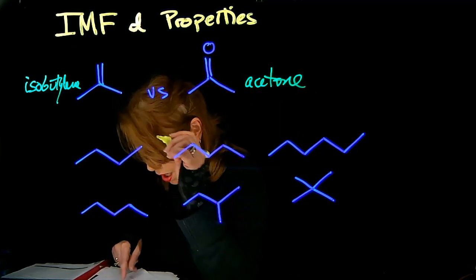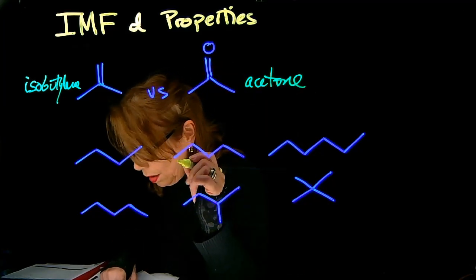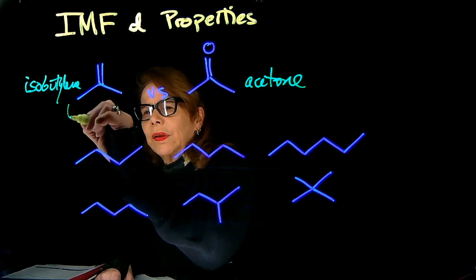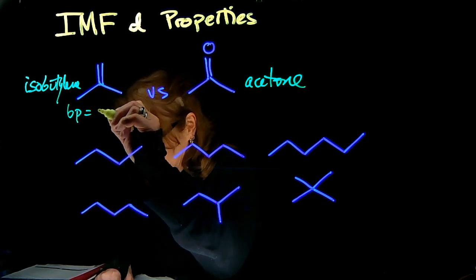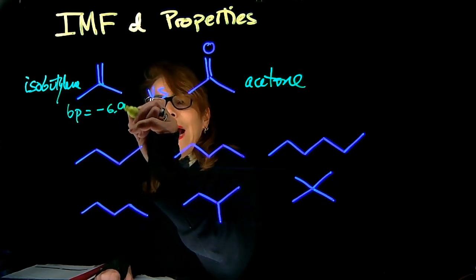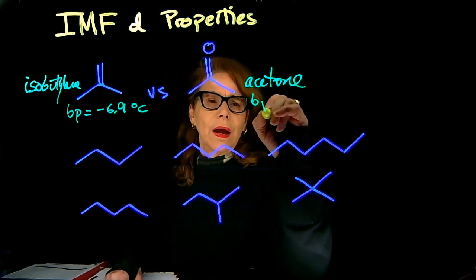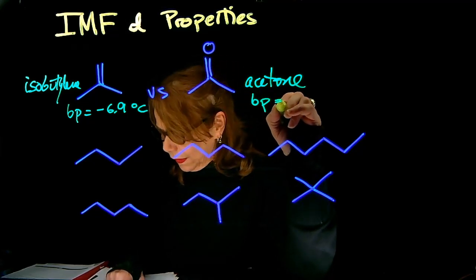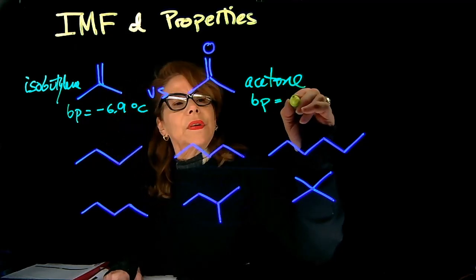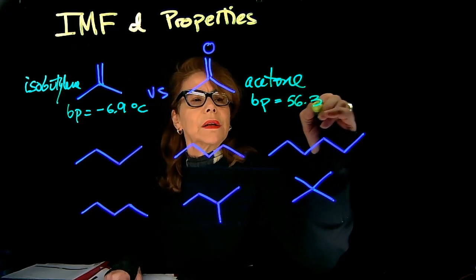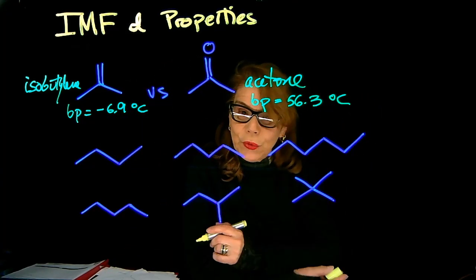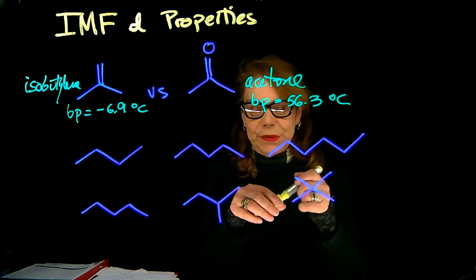The boiling point of isobutylene is negative 6.9 Celsius, and the boiling point of acetone is 56.3 Celsius. What is being asked is to explain that property.